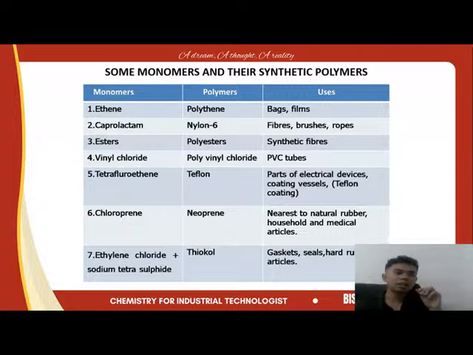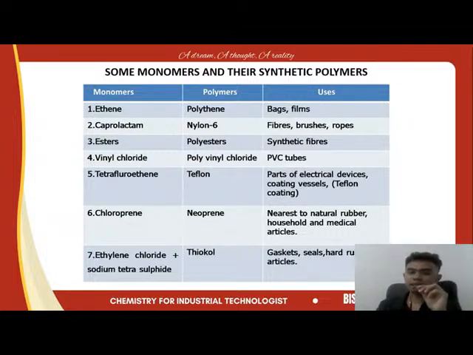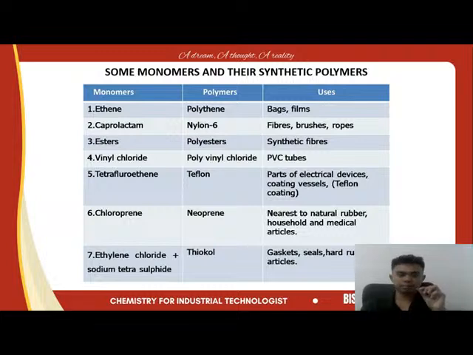If combined, we can create a polymer called nylon 6. I know most of us are familiar with this because we can see this at our houses or in most places that we go. We use this polymer to create fibers, brushes, and ropes.